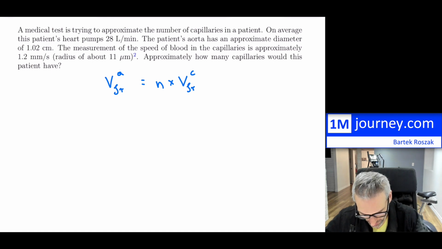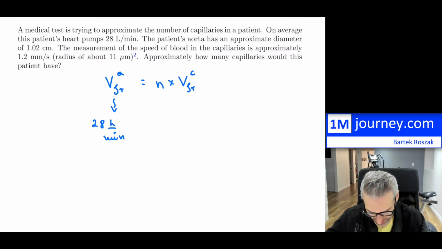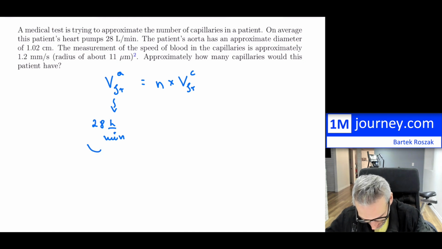All right, so they tell us that the aorta is pumping at 28 liters per minute. Now I'm going to start changing all of these to metric standard units so that it's all easier to calculate. Not that it will be easier, because I can see that there's a lot of different units in here. So first of all, let's change this.